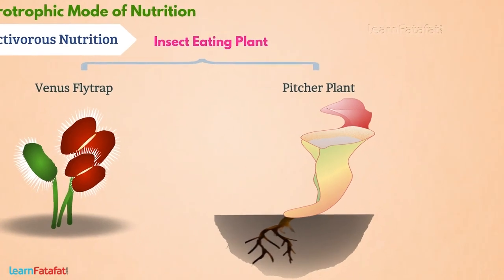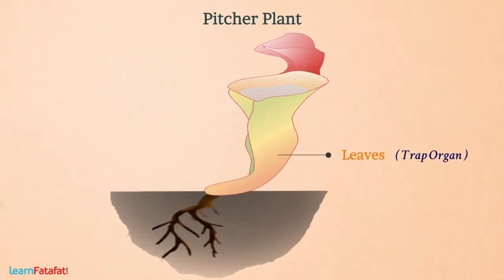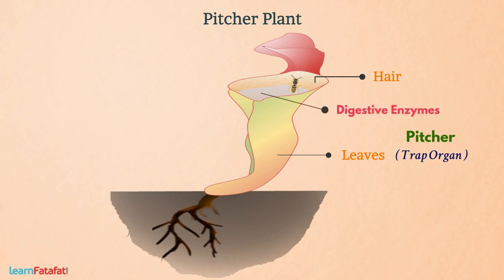Parts of their body, such as leaves, are modified into trap organs such as the pitcher, which helps in catching insects. The hairs present in the pitcher hold the insect and do not let it escape. With the help of digestive enzymes, they digest the food and obtain nutrients from it.